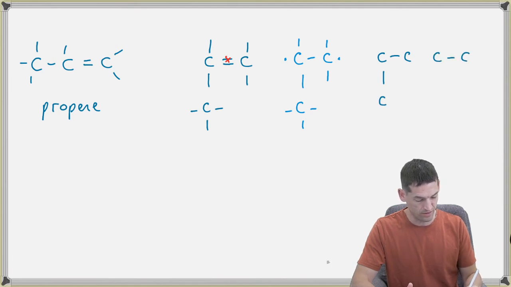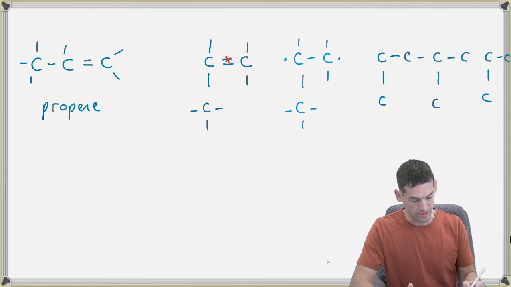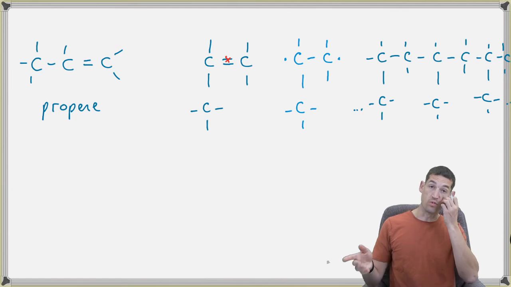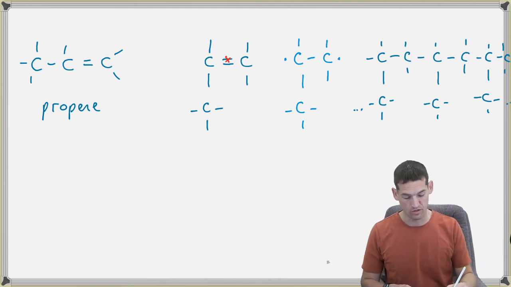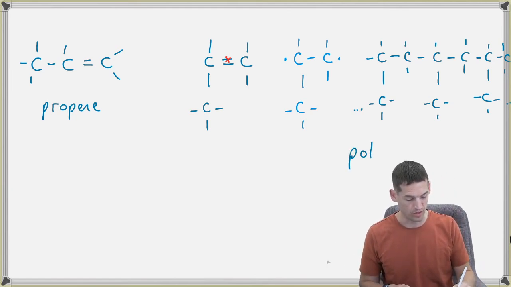Here's another. And here's another. And then I would just put them together, with dots if I had room over there. And then fill in all of your hydrogens. So this monomer was a propene, so this would be called polypropene.